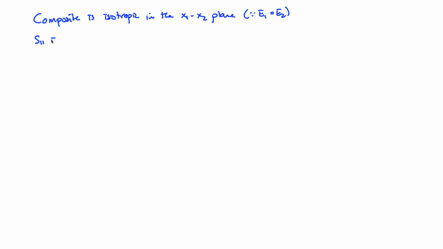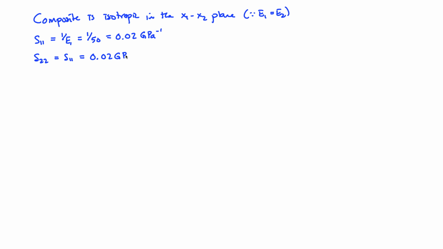We'll start with S11. That's just 1 over E1. That's going to be 1 over 50 gigapascals, and that's 0.02 gigapascals to the minus 1. Then S22 is going to have the same value because it's isotropic in that plane.